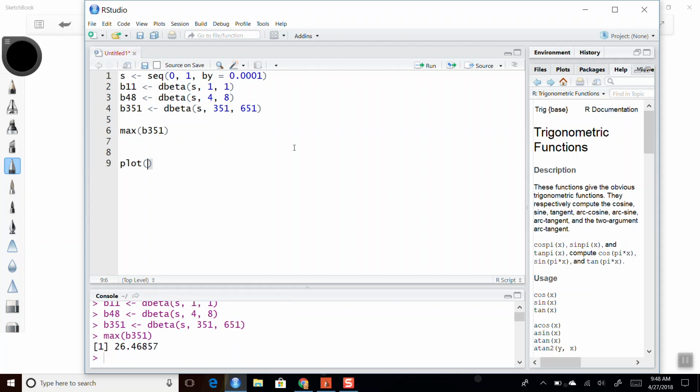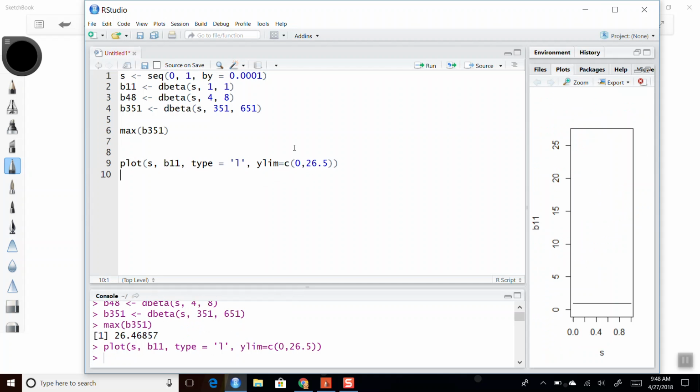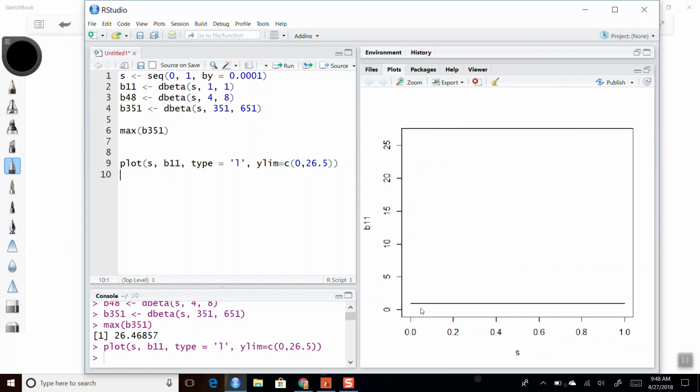All right, so we're going to plot s against B11, type equals l, and then my y limits will have to go from 0 to 26 and a half, just so the plot fits. Okay, so you can see this is at 1, right? So the uniform has a height of 1, so all values between 0 and 1 are equally likely with a height of 1.